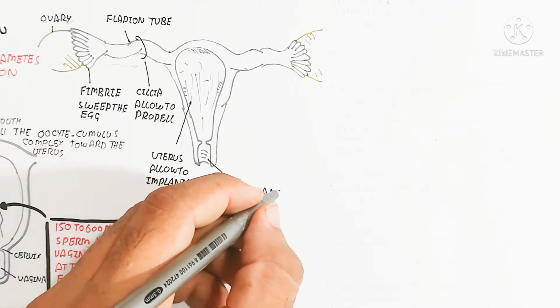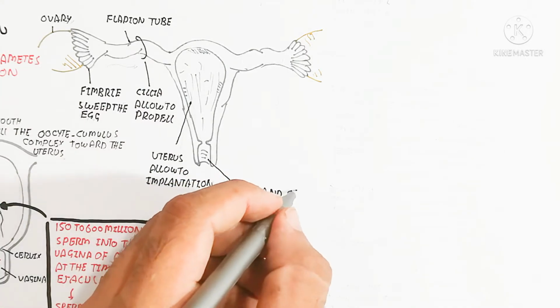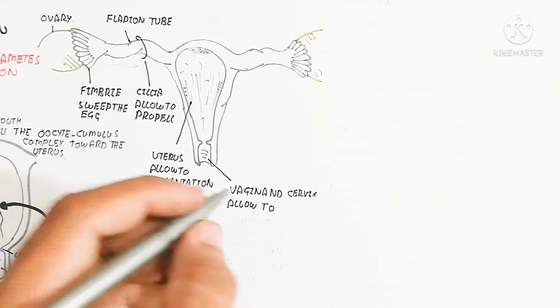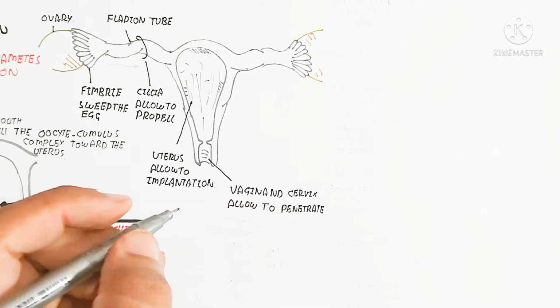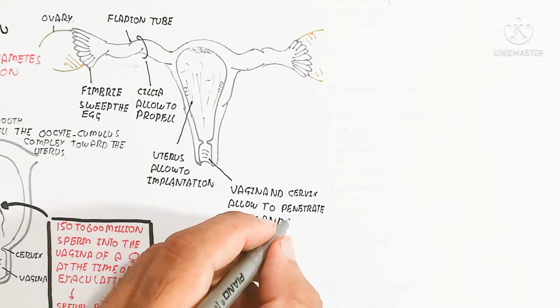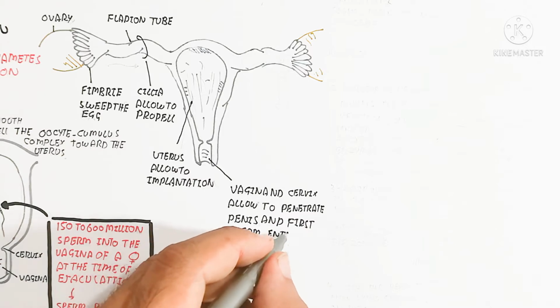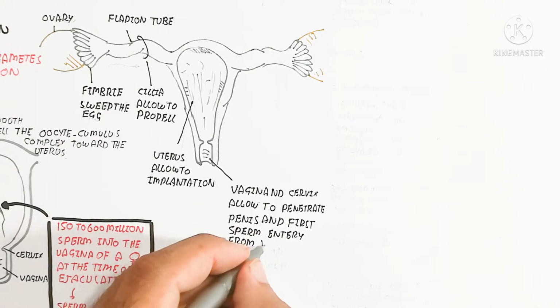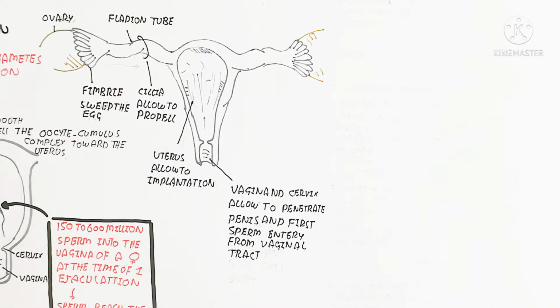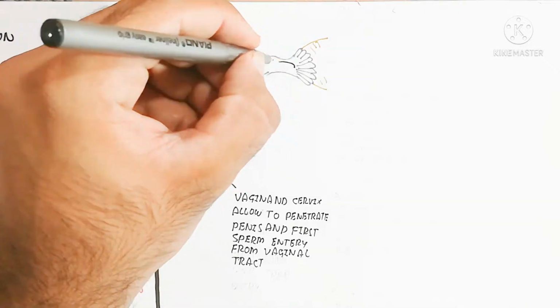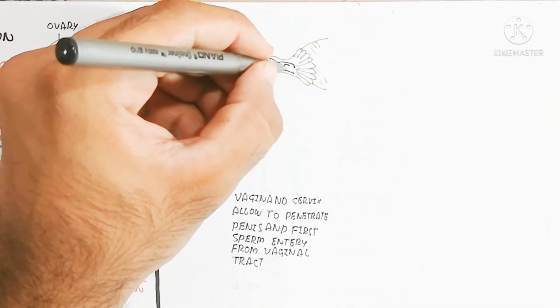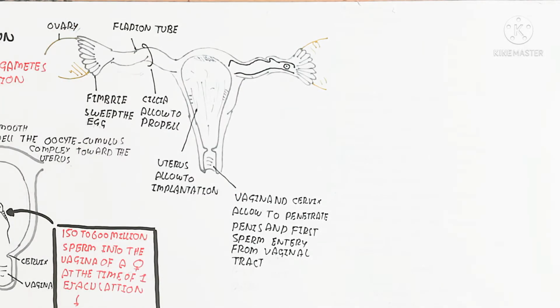So basically the fallopian tube allows the egg to move, while during the ejaculation of the sperm in mating, the vagina and cervix allow the penis to penetrate, and the sperm first enter from the vaginal tract. During the orgasm of the female, smooth muscle contraction allows the uptake of the sperm.